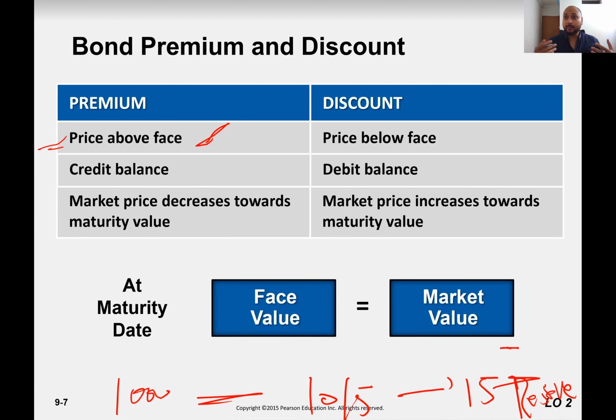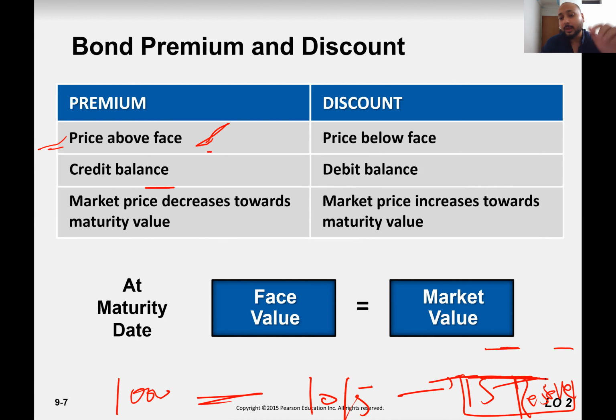You receive in excess of the face value. So remember, when you receive an extra amount, it is a reserve. So that's why we call this a credit balance, right? So we are going to use that to decrease our interest payments. We'll learn in our next slides what it means.